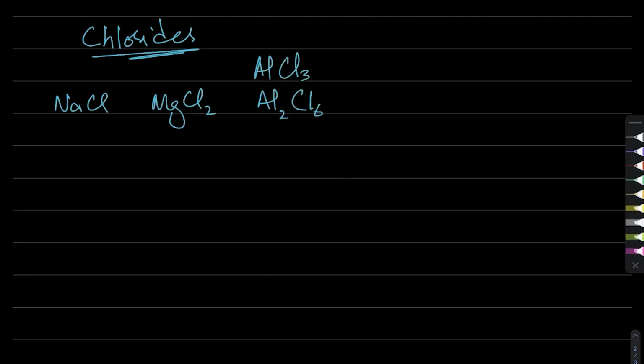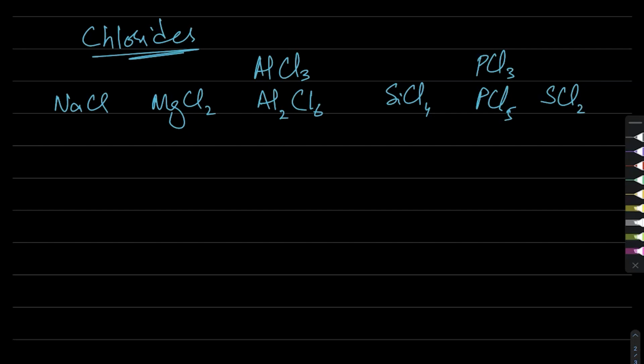There is AlCl3, which converts to Al2Cl6. Then we have SiCl4, we have PCl5. PCl3 is also made, but PCl5 is there as well. Then SCl2 is made, and chlorine doesn't react with chlorine. So that's it. They don't really form chloride.